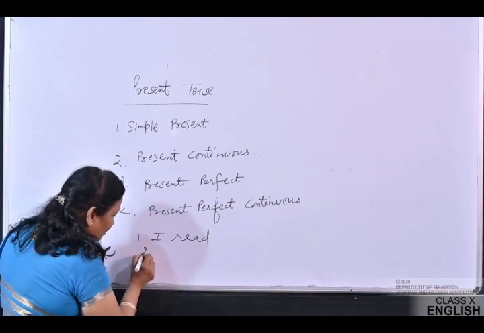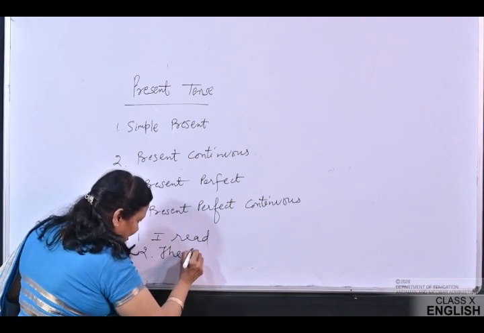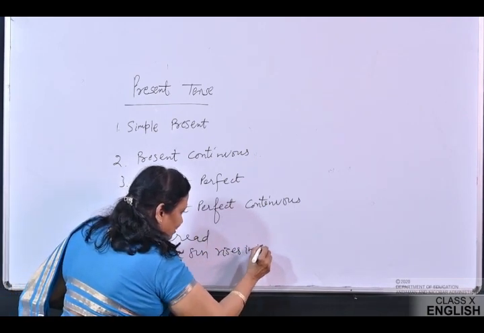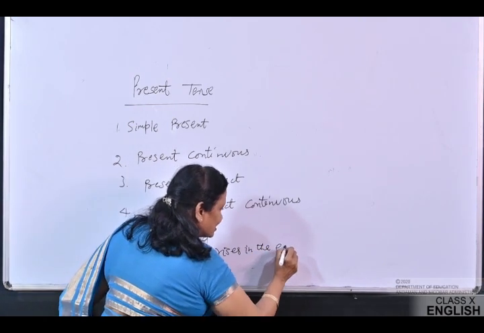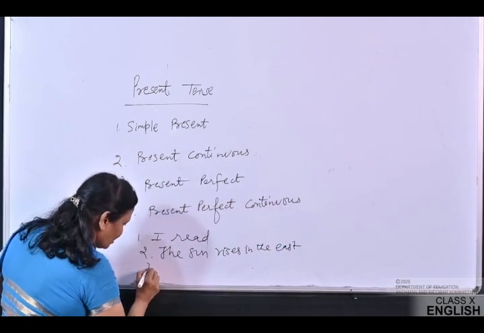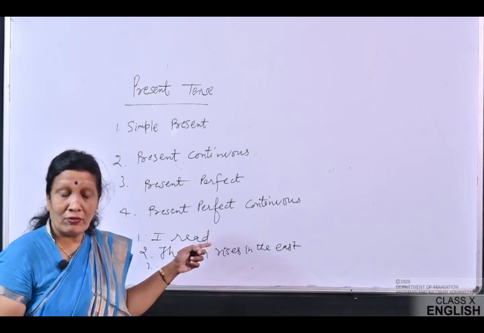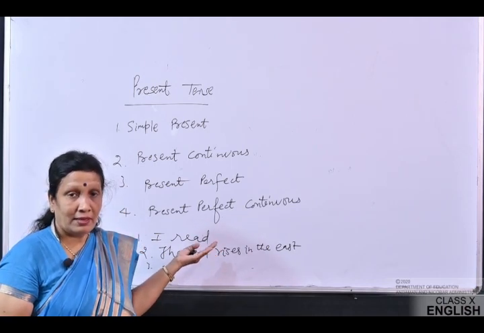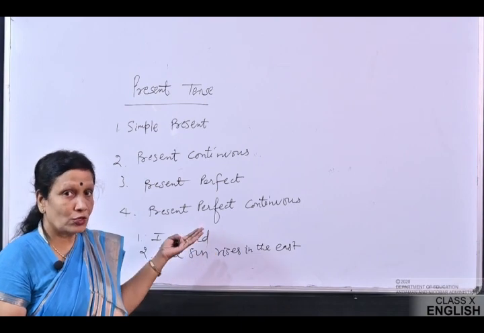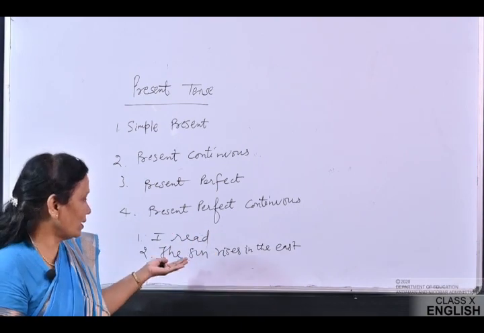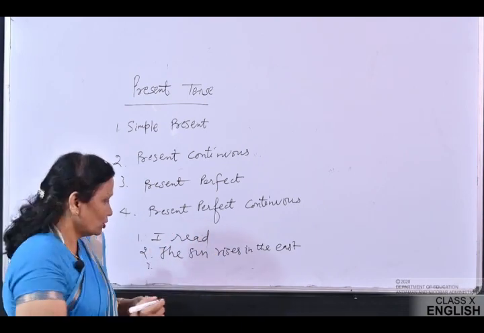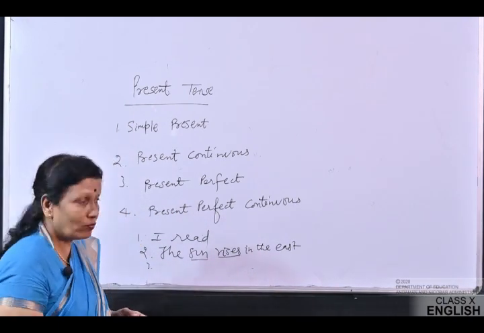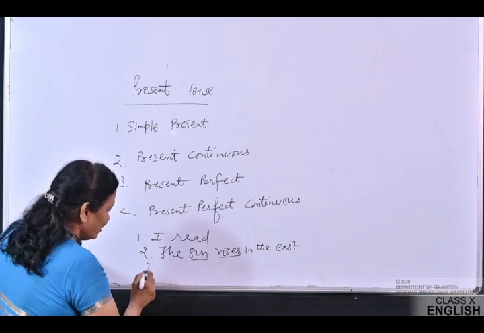Okay, the sun rises in the east. The sun will never rise from the west. So this is the universal truth. Okay, so the sun rises in the east. So we are using, see here, rises. Sun is singular. So we have used the sun rises in the east.